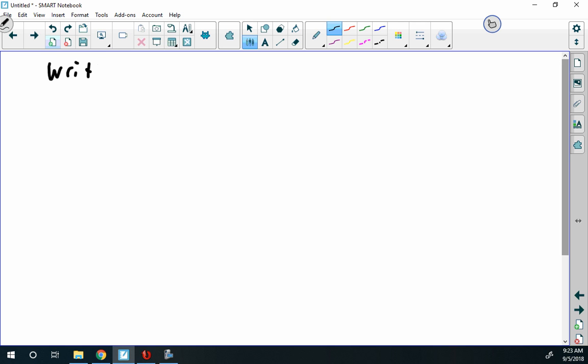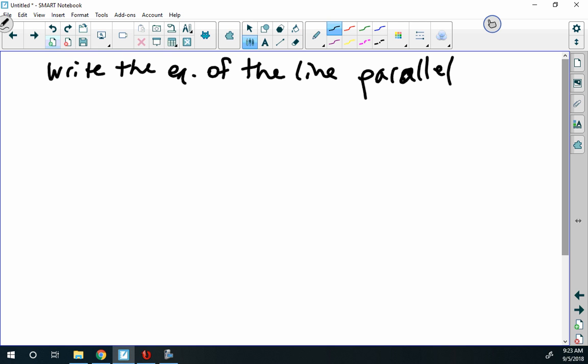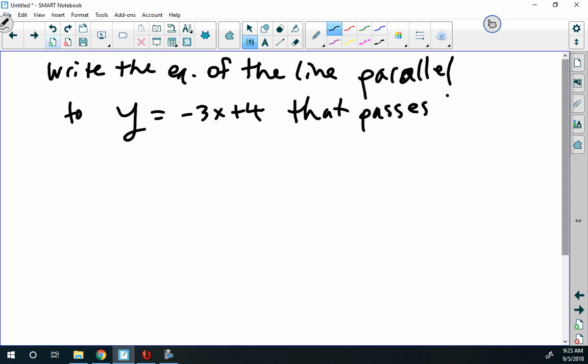Write the equation of the line parallel to y equals negative 3x plus 4 that passes through the point negative 8, negative 2. There's a buzzword here, parallel.